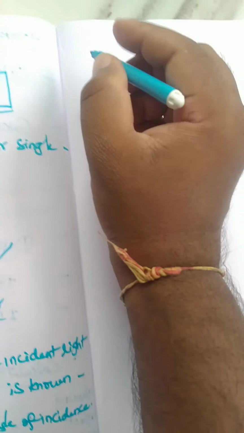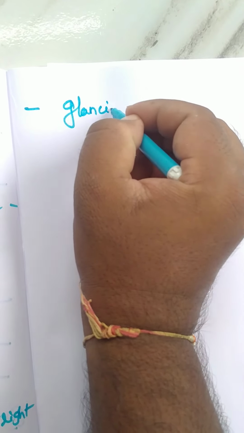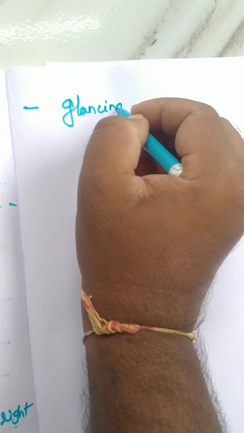Next one, dear students, is the glancing angle of reflection. In your notebook you can write the full term, glancing angle of reflection.